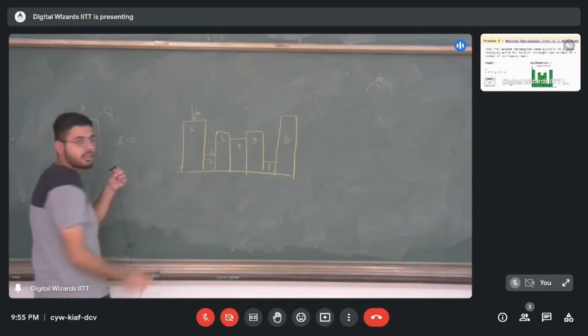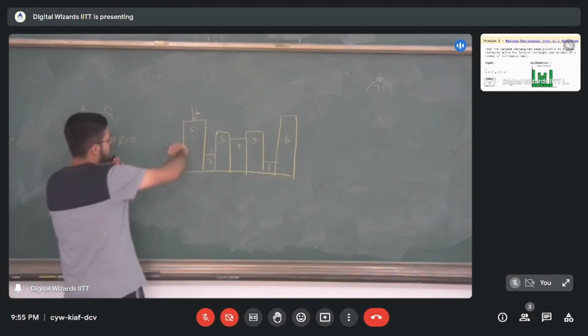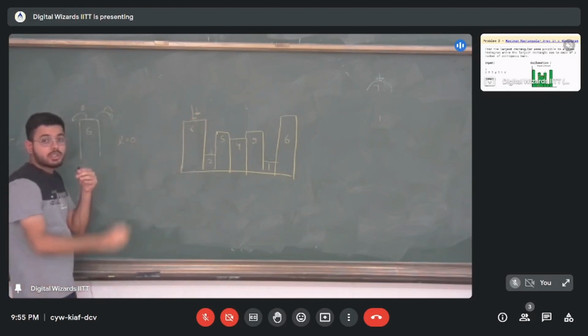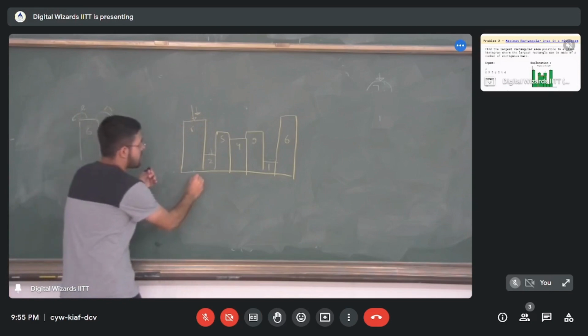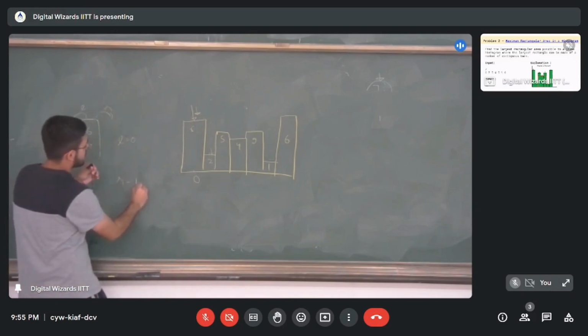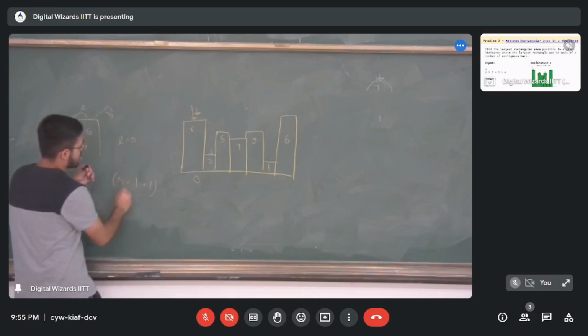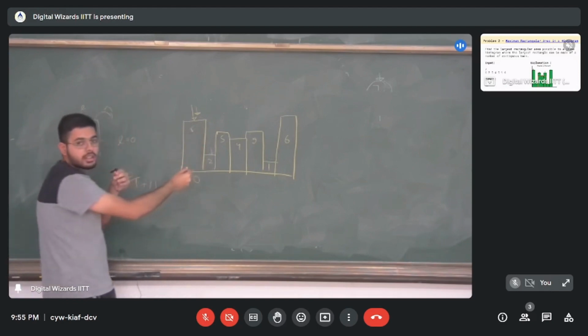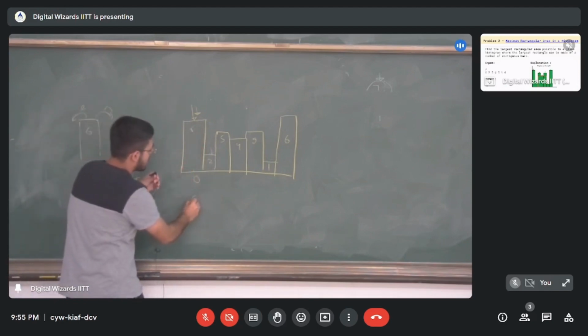It depends on your implementation, but this would again jump here. Both the pointers would be at index 0, right? And what I'm doing in code is right minus left plus 1. So this is 0, so this is 1. So the area for this histogram, including 6 as bottleneck, is just 6, right?